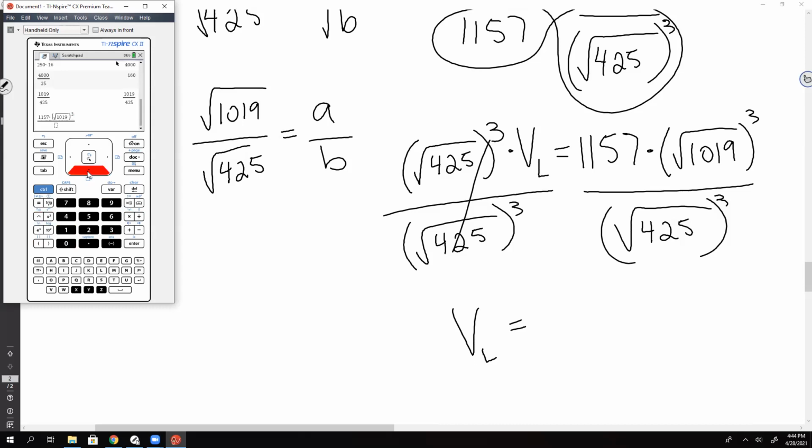And now on the bottom, I need parentheses, control square root for that square root of 425. Get out of the parentheses now, and then I want caret 3. And then we press enter. And so the volume of the large one would be 4,295.48, so 0.5.